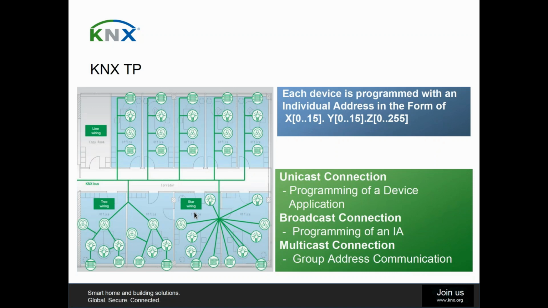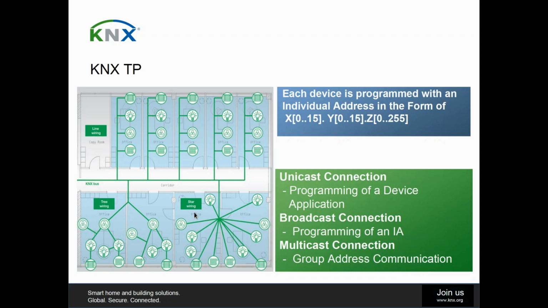we have to say that a unicast connection, for example, is a programming of a device. So if the ETS downloads, for example, to an actor or to a sensor a certain program or its program, then it's a unicast communication, because it's one point, ETS, to the other point, which is your device, and only these two are in that communication.